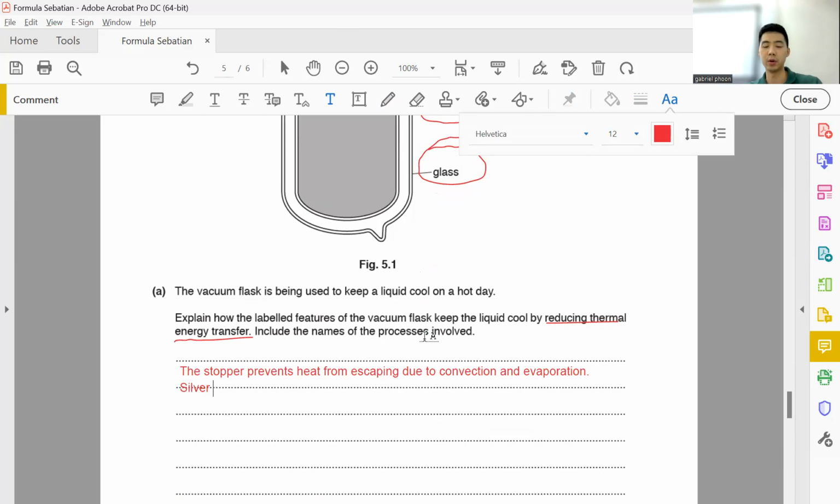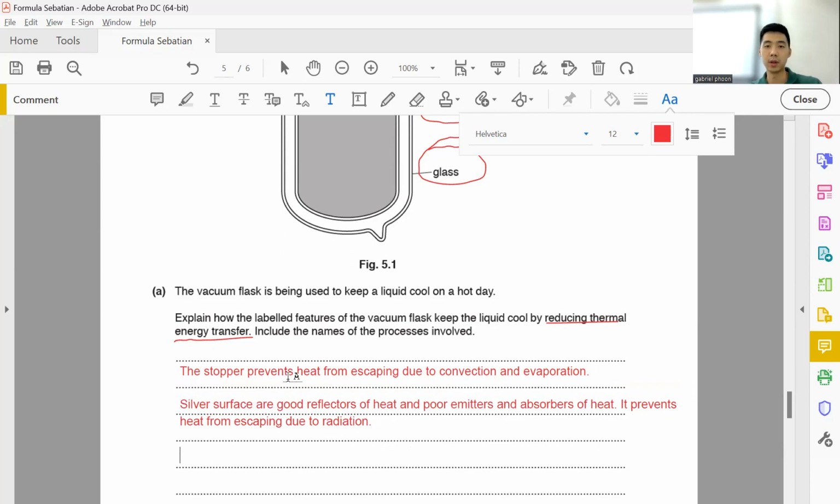Most likely this is where you get your second and third. Silver surfaces are good reflectors of heat and poor emitters and absorbers of heat. It prevents heat from escaping due to radiation. This is your second one.